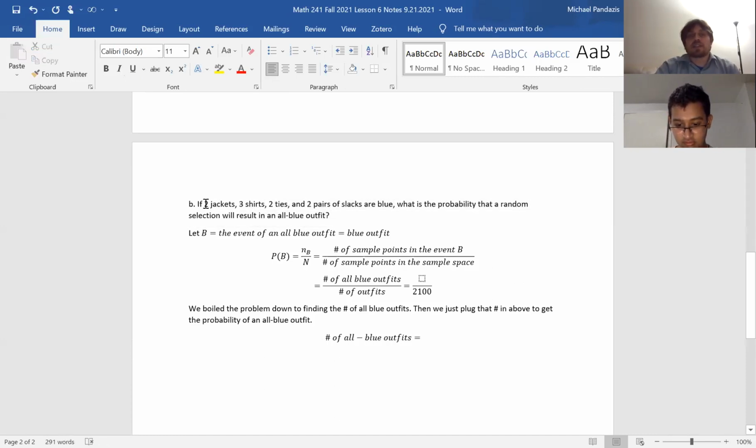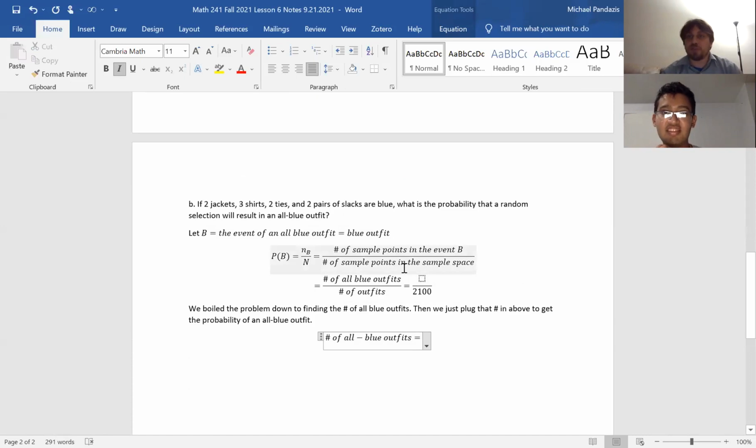The set of blue jackets has 2 blue jackets in it. The set of blue shirts has 3 blue shirts in it. The set of blue ties has 2 blue ties in it. And the set of blue pairs of slacks has 2 blue pairs of slacks in it. And so the number of all blue outfits is the number of ways of choosing one element from each of those sets. And that's 2 times 3 times 2 times 2.